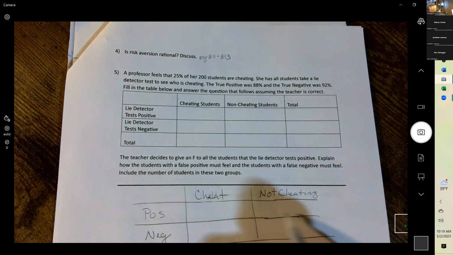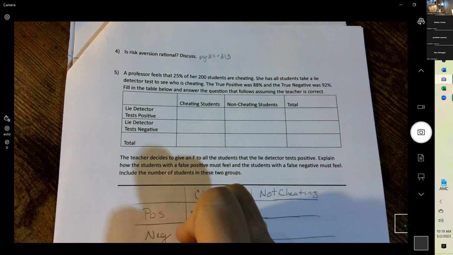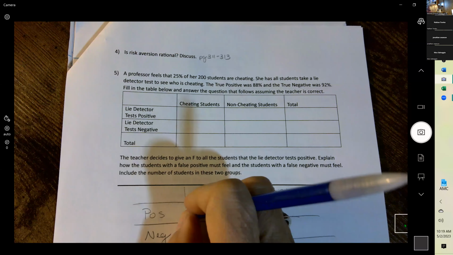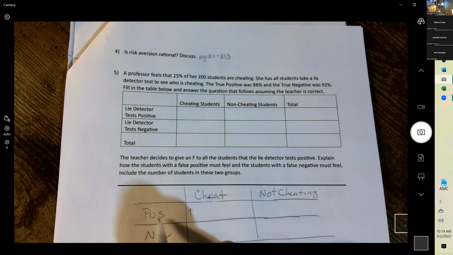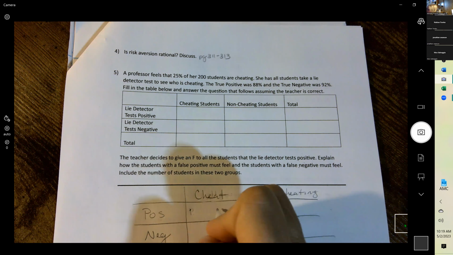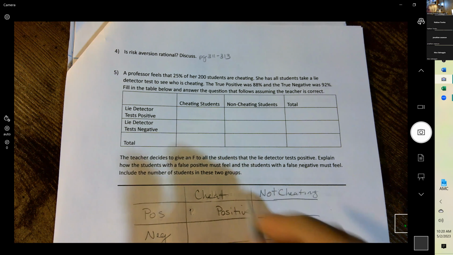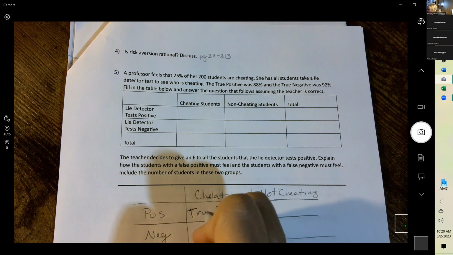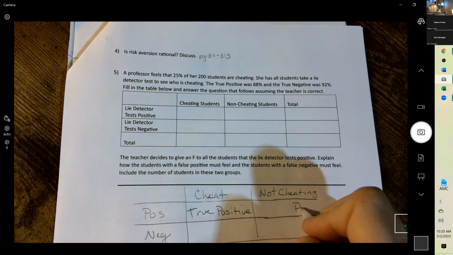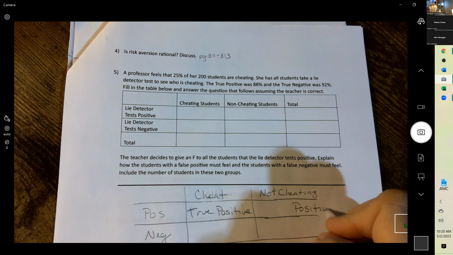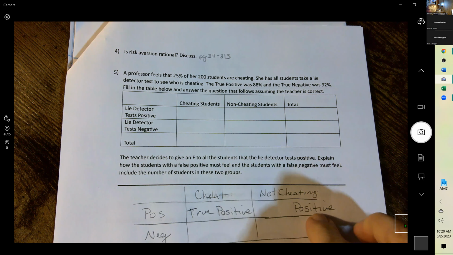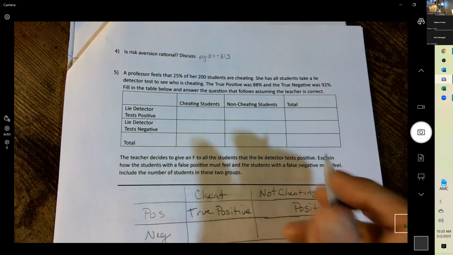Positives go across the top, negatives go across the bottom. If you test positive and you cheat, the test was correct, so it's a true positive. This one also a positive. You're testing positive that you cheated, but you didn't, so this is false.